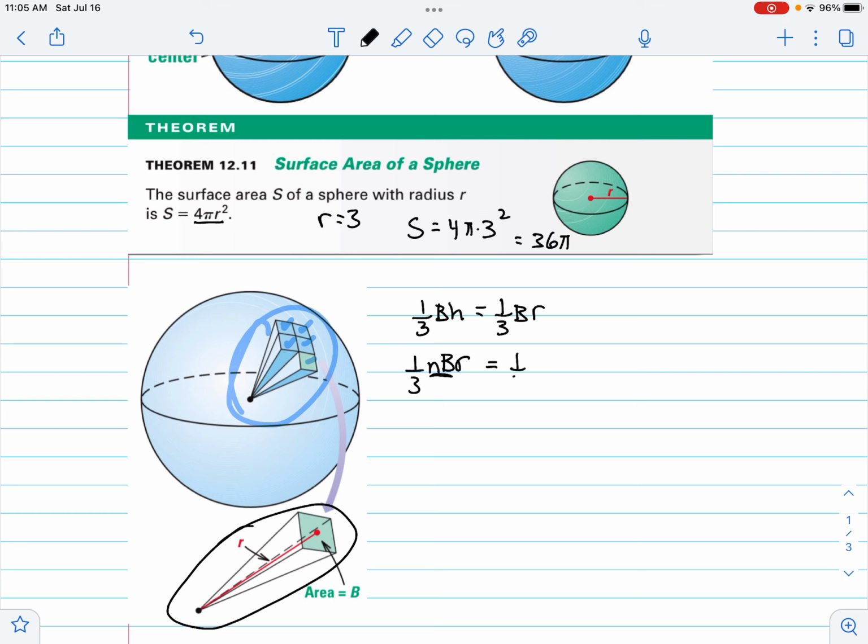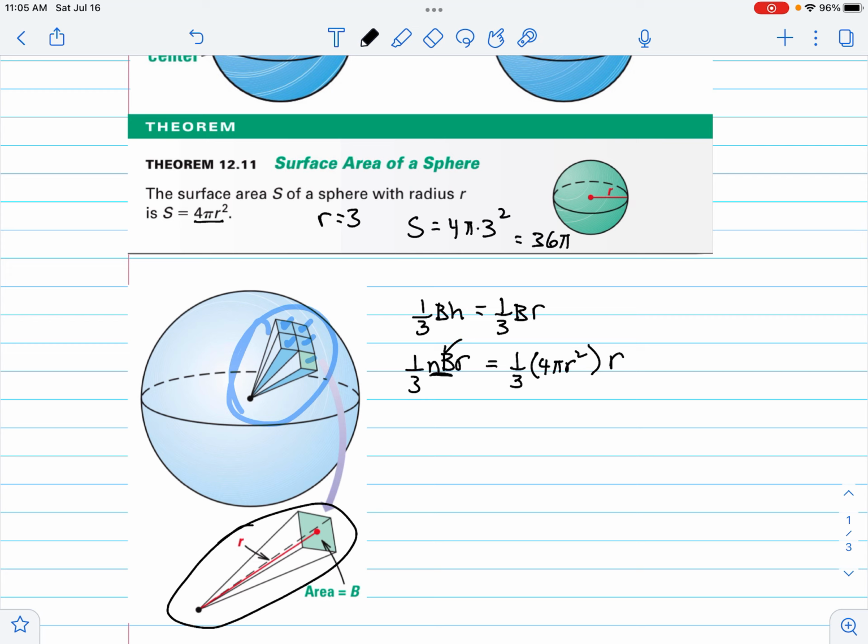Let's suppose n b is the surface area, so it's 4 pi r squared, times r. There are so many pyramids that we just replace the base of the pyramid times n with the surface area, 4 pi r squared. And if you do that, notice what you get. You get 4/3 pi r cubed.